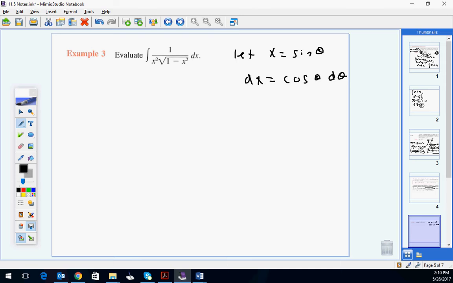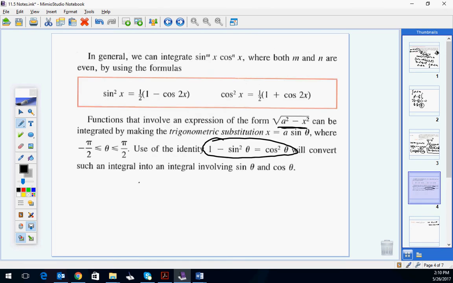Okay, so we're going to let x equal sine theta for this substitution because we recognize this form, the 1 minus x squared. So we're trying to make it look like this.